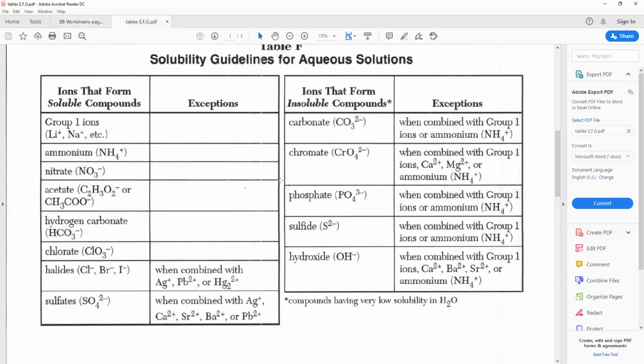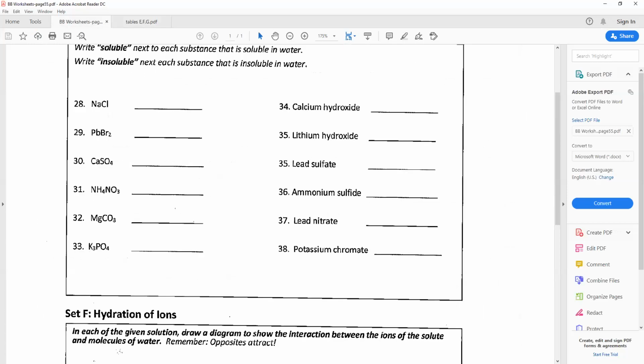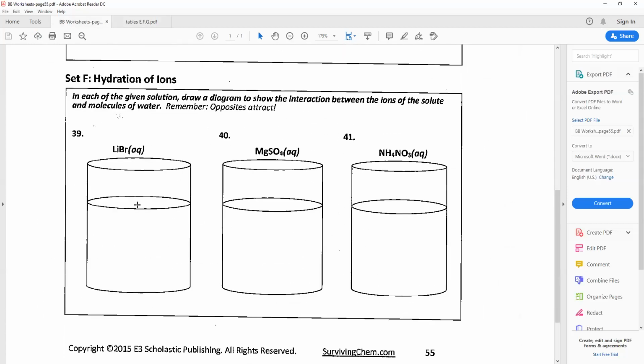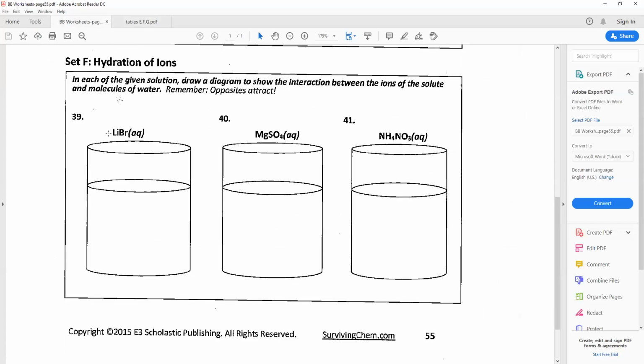Now let's move on to the next part. Hydration of ions. What happens in water when I add lithium bromide or MgSO4, magnesium sulfate, or ammonium nitrate? So I'm going to draw that.